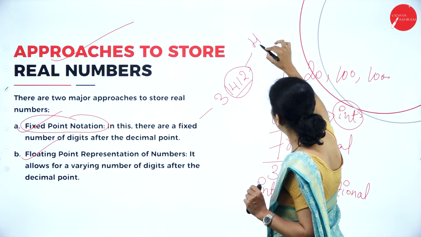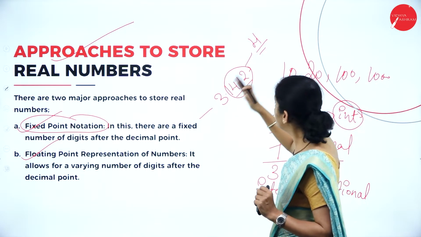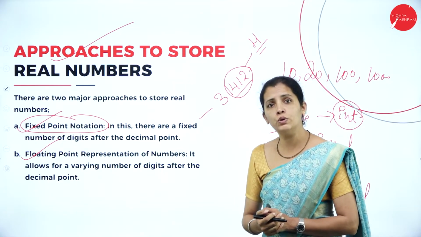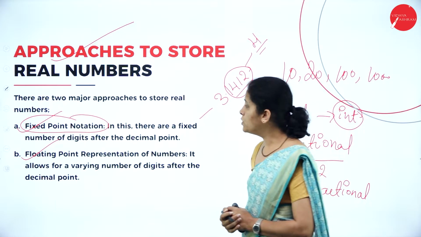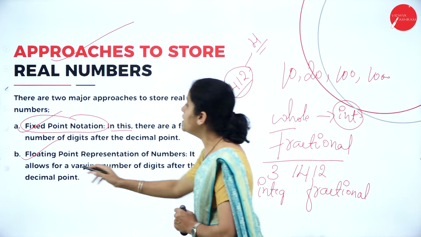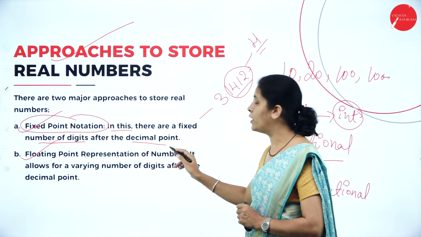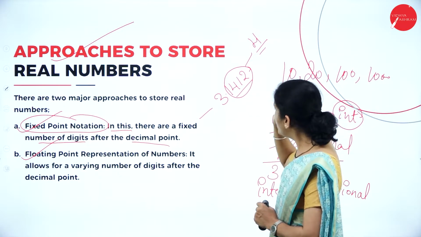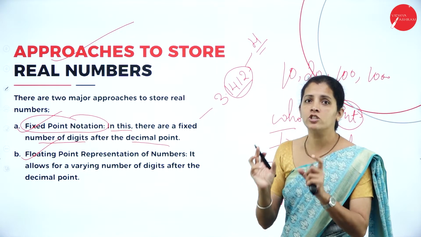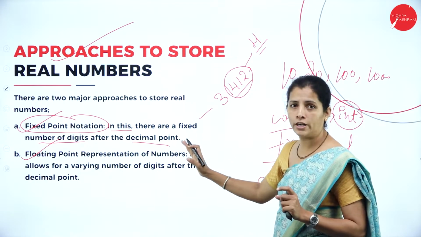That means after the dot I can use 4 digits. So in this there are a fixed number of digits after the decimal point. That means I fix how many digits I want to use after the decimal point.